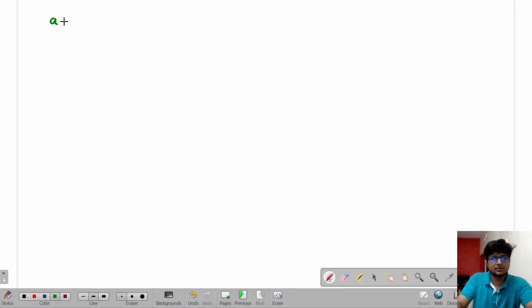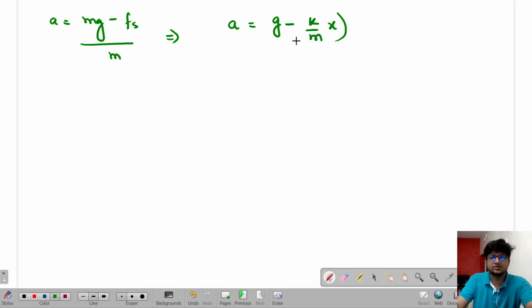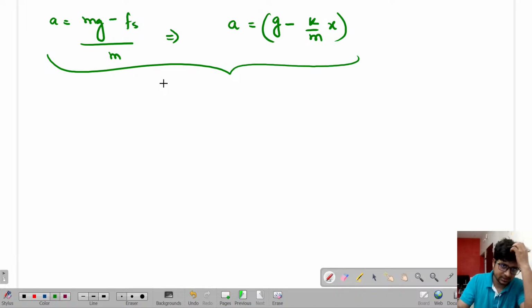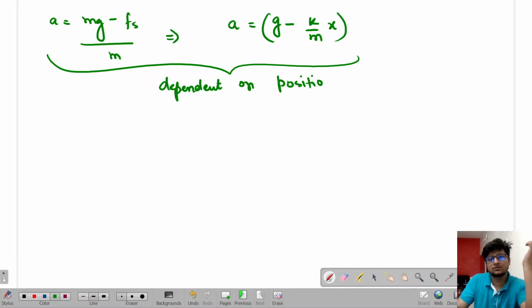So acceleration is equal to mg minus spring force, divided by m. This can be written as a equals g minus k by m into x. You can see that this acceleration is dependent on position. Are you able to get me or not?